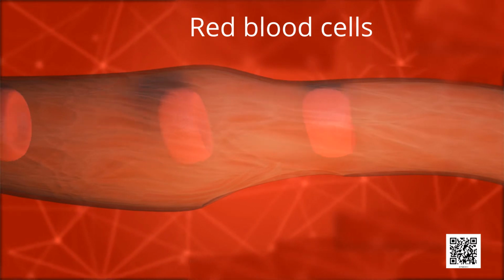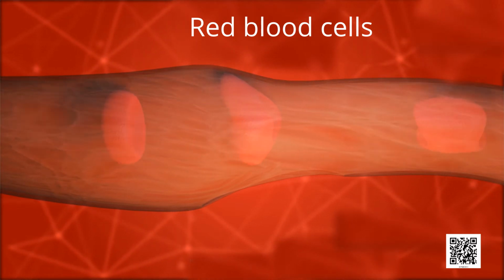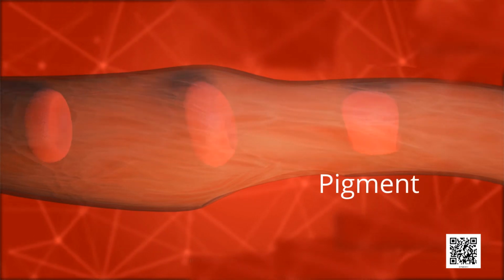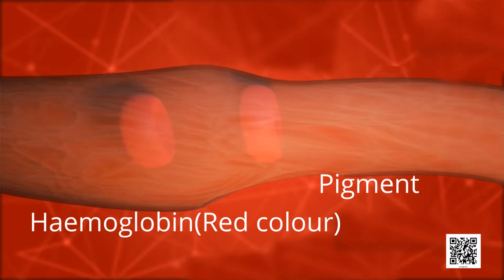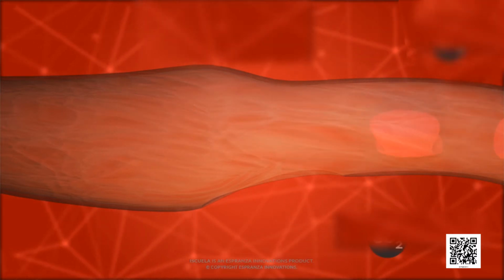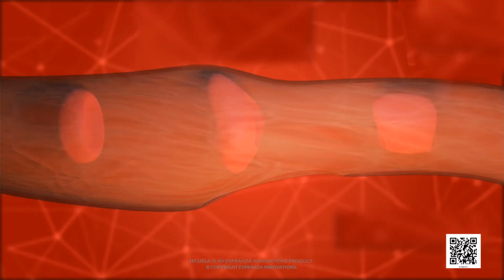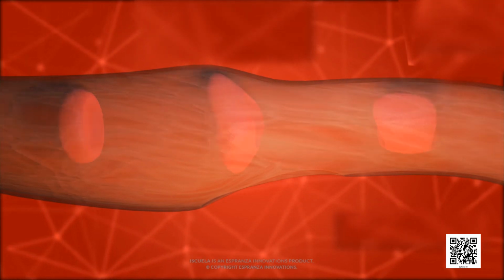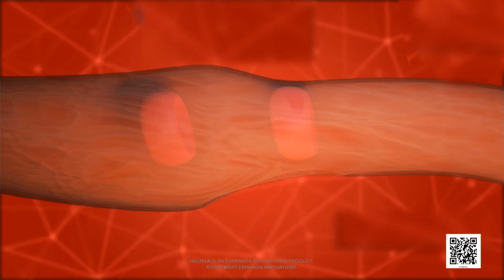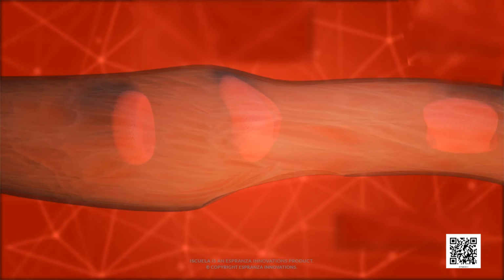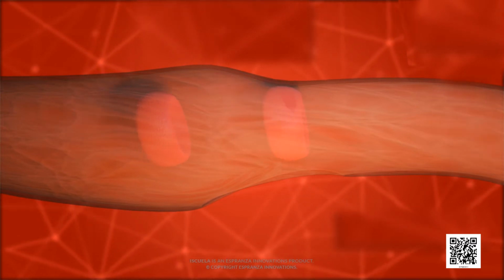These are red in color due to the presence of a red pigment called hemoglobin inside them. Hemoglobin binds with oxygen and transports it to all the parts of the body and ultimately to all the cells. The presence of hemoglobin makes blood appear red.